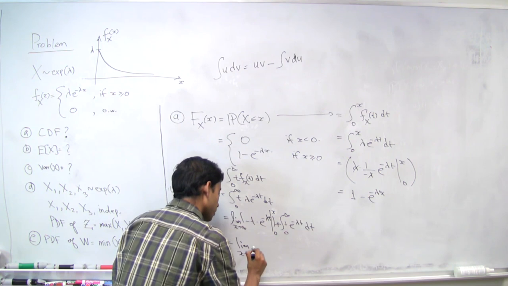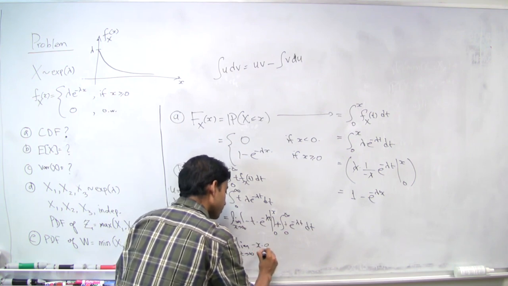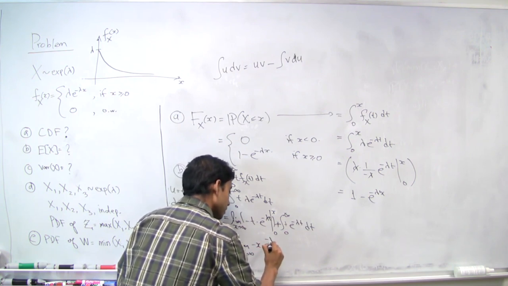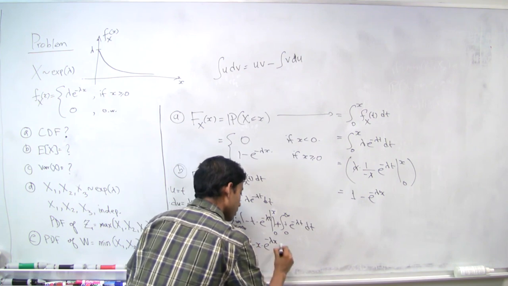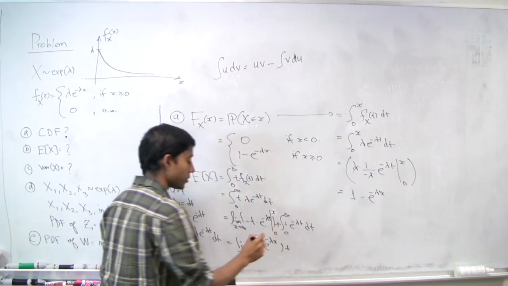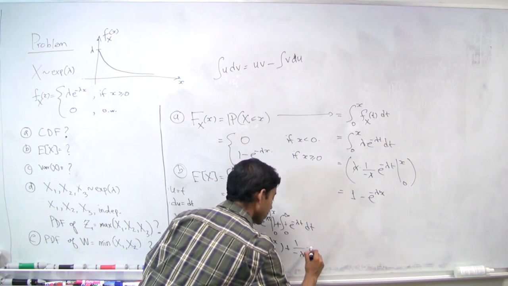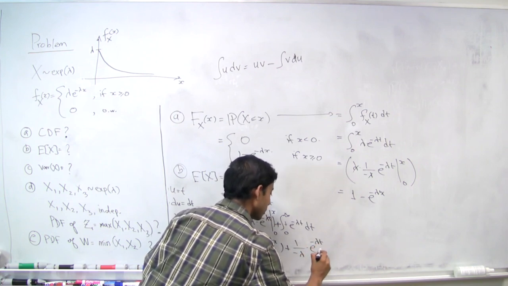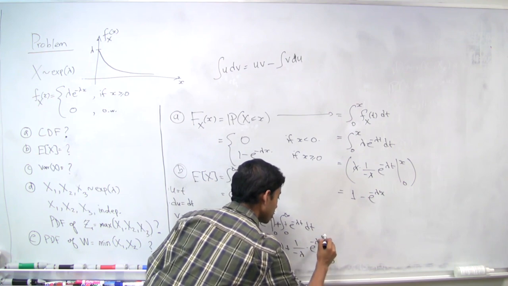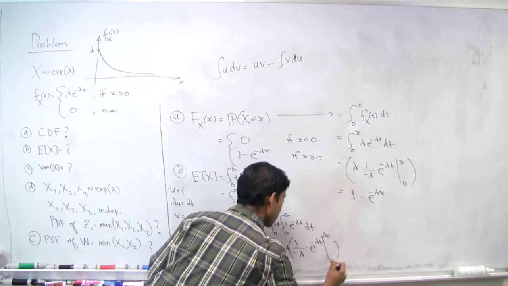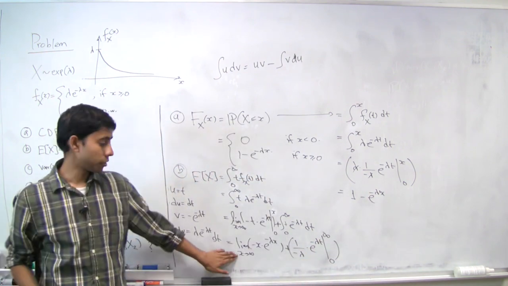We're left with negative x e to the minus lambda x, plus the integral of this, which is 1 over negative lambda e to the minus lambda t, evaluated from 0 to infinity. All right. So now, the limit.